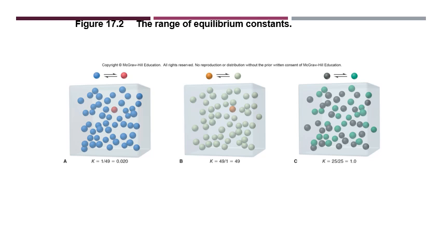So when we look at that reaction, we have 1 over 49, assuming that there are 50 molecules present inside of that vessel. We have one product molecule. We have 49 reactant molecules, and so that gives us a value for K of approximately 0.02, reactant favored.